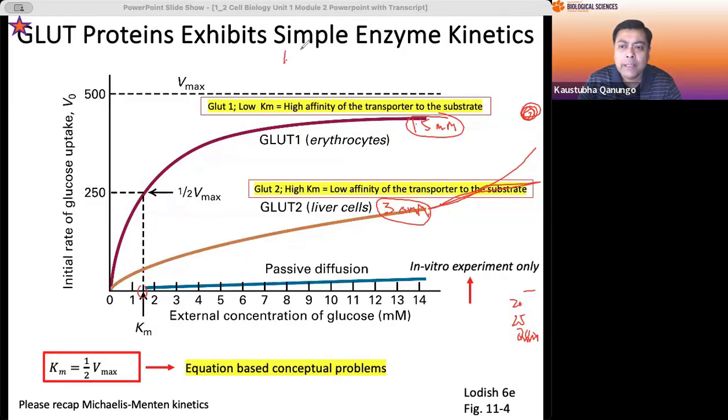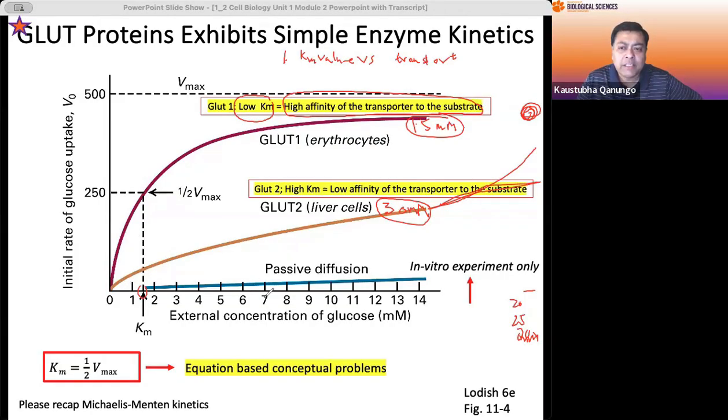Number one is Km value versus transport. That is the first important thing. If there is a low Km value, that means the transporter has a high affinity to bind to the substrate, which is glucose, and transport it.